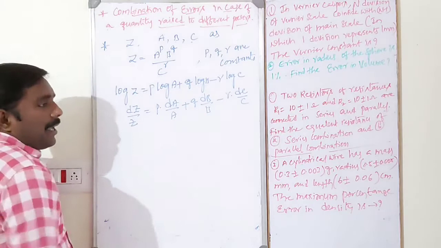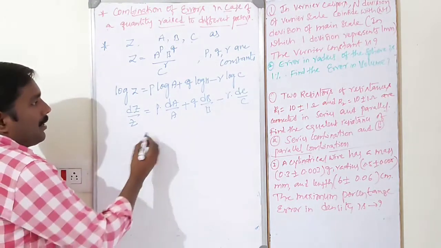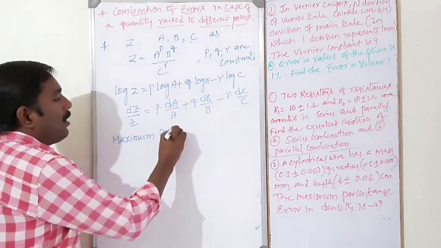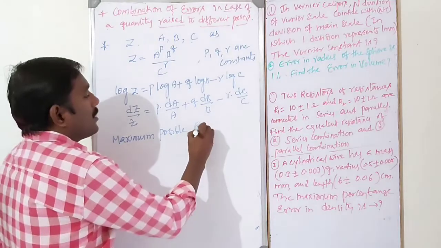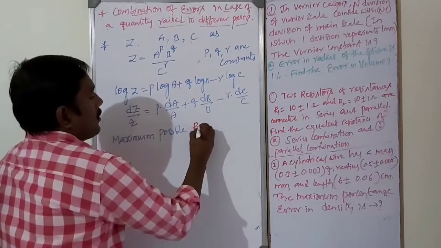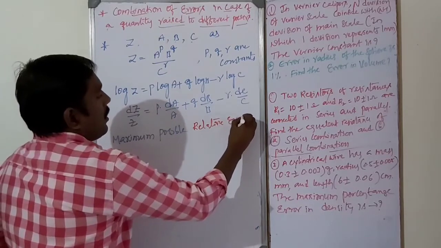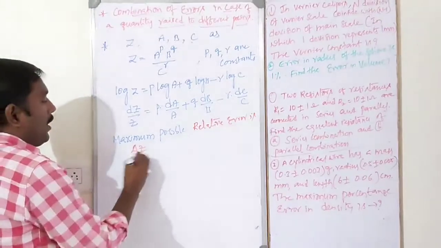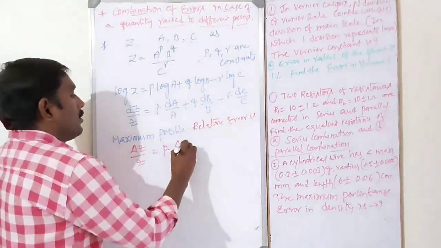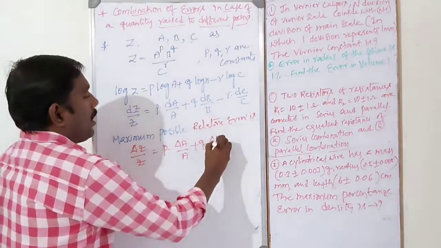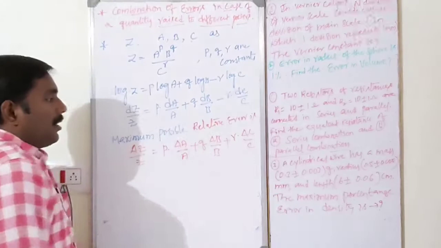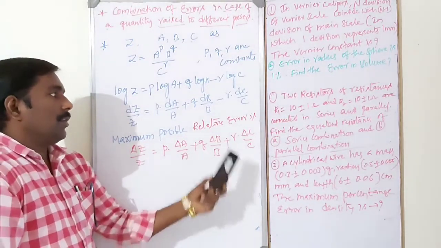Okay. So then in this case, the maximum possible error, or relative error, is delta Z by Z is equal to P into delta A by A plus Q into delta B by B plus R into delta C by C. Because error is always positive, not negative.